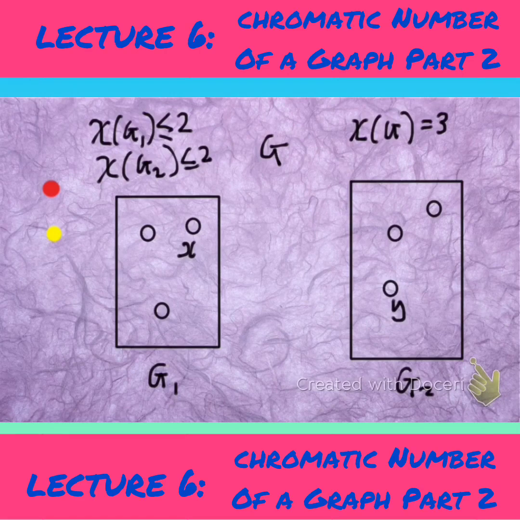In the worst case, I have to use 2 colors for G1 and 2 colors for G2. So we can find some 2-coloring of the vertices of G1.